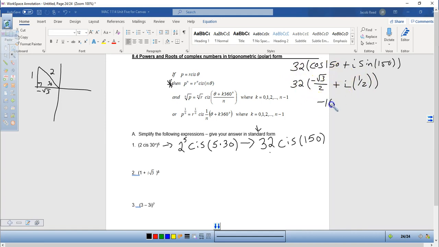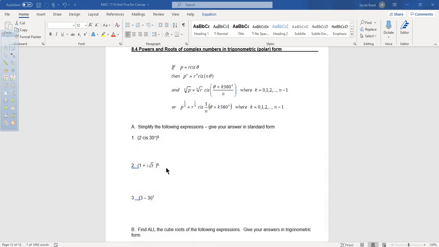We get negative 16 root 3 plus 16i. So as you can see, it's not a very difficult thing to do. Yet again, as I always say, not difficult, just takes a little bit of time and a little bit of work.